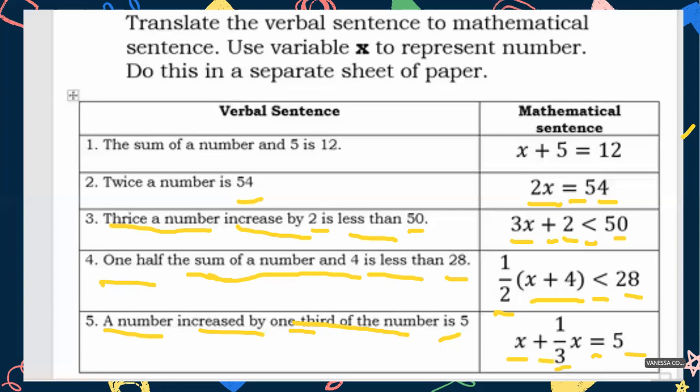So the mathematical sentence of a number increased by 1/3 of the number is 5, ang kanyang mathematical sentence, x plus 1/3 x is equal to 5. So that is translating the verbal sentence to mathematical sentence.